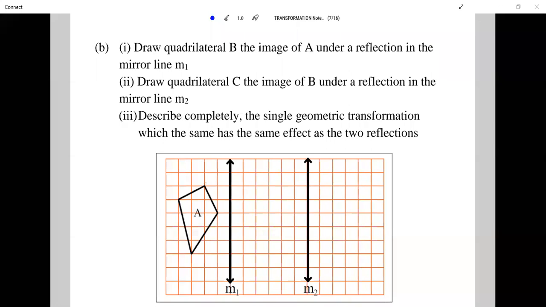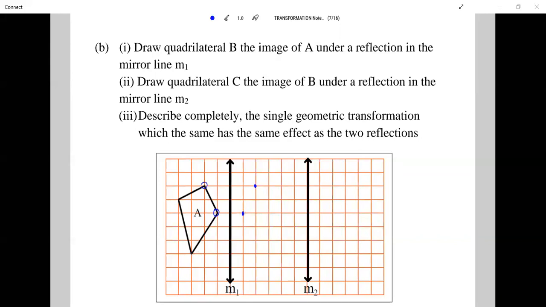So the top vertex here is 2 units from the mirror line, so the image is going to be 2 units from the mirror line on the other side. This vertex here is 1 unit from the mirror line, so its image is also going to be 1 unit from the mirror line on the other side.